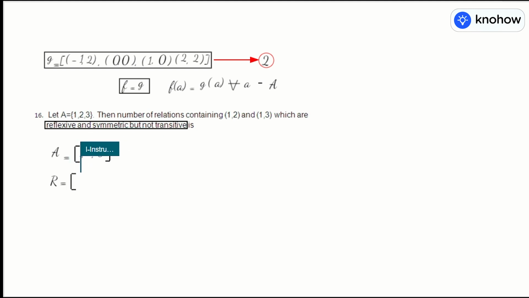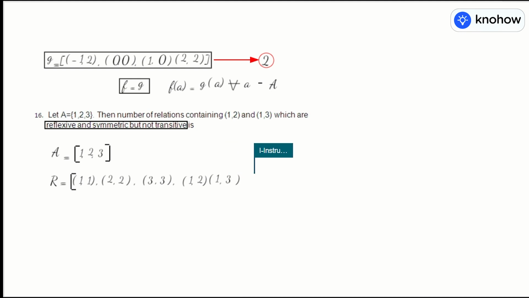It has to be reflexive, meaning every element should be related to itself: (1, 1), (2, 2), (3, 3) will be included. And it already says containing the elements (1, 2) and (1, 3).